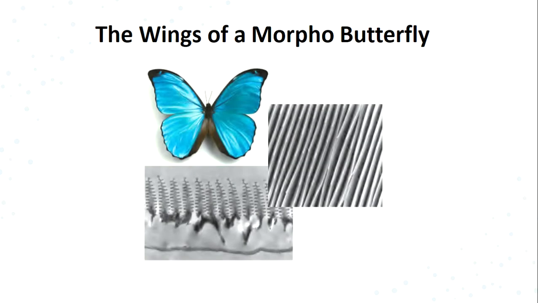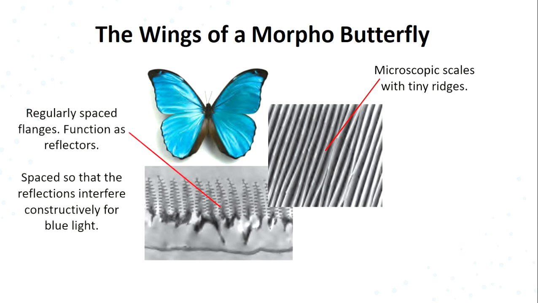So let's now discuss the wings of a morpho butterfly. Actually, this is not a natural pigment, but the wings of a morpho butterfly are made up of microscopic scales with tiny ridges.